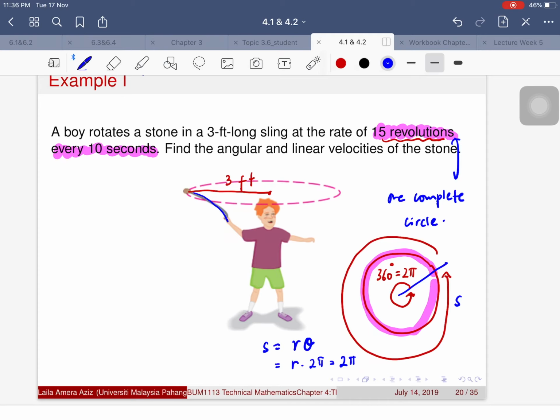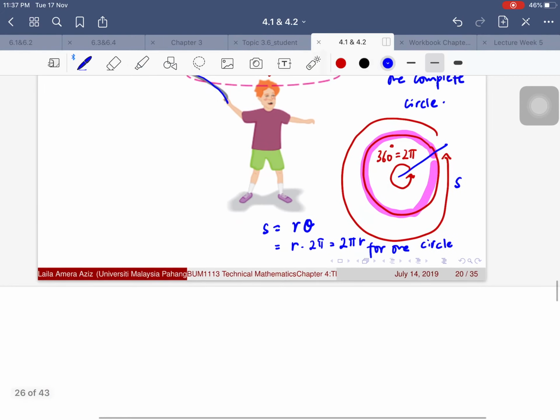So basically for one complete circle, S is going to equal 2 pi R. Let me put it over here. It's not one complete cycle, it's one complete circle. This is not ODE, this is technical maths. So whenever you come across one complete circle, we know that the arc length for one complete circle is 2 pi R.